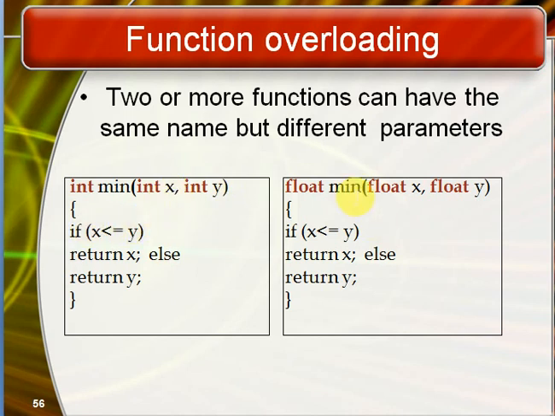This is another function with the same name but it's using two different parameters. The type of these two parameters is float and the type of these two parameters is integer. So both functions will be treated as different functions because one is using integer type arguments and the other is using float type arguments.